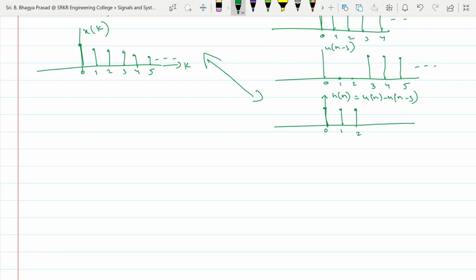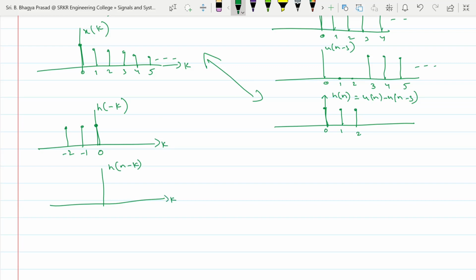I'm directly writing h of minus k. h of minus k is like this, at 0, minus 1 and minus 2, and now I am adding n. So h of n minus k. This is k, this is k, and here it is n.